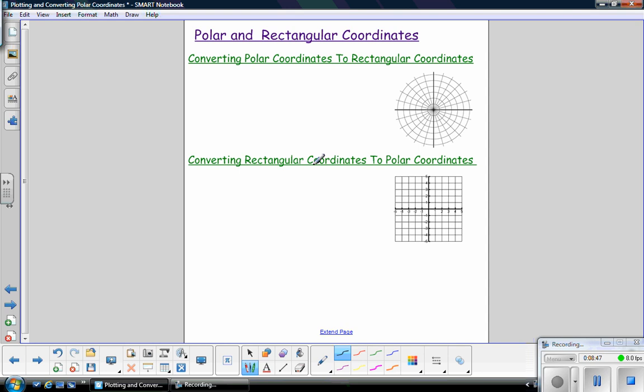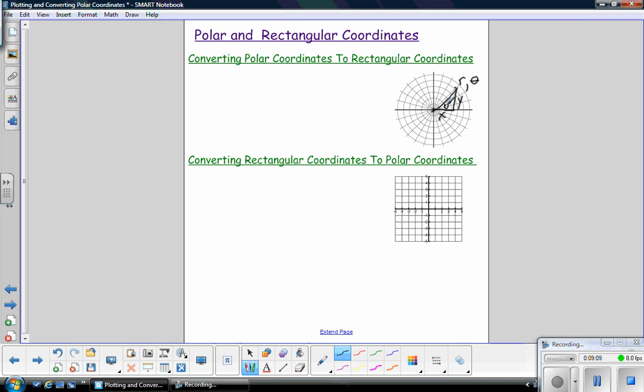Okay, converting back and forth. So this point right here has some r and some theta. Now how do I convert it back to something that we know? Let's look at drawing a triangle. I need to find the x distance. I need to find the y distance.